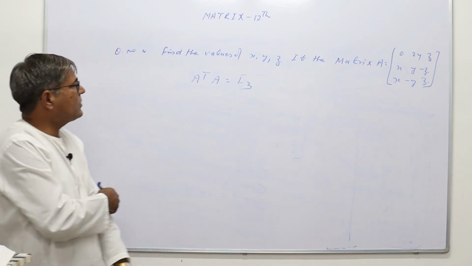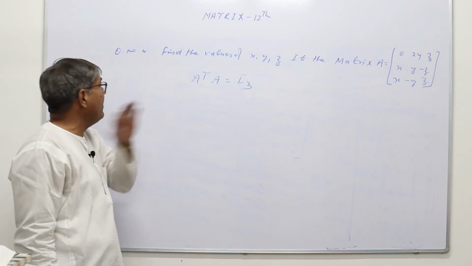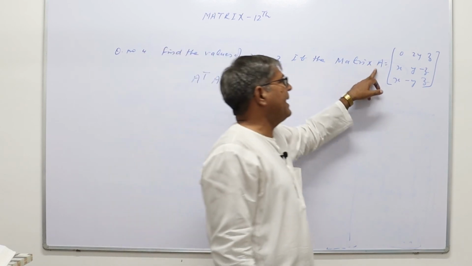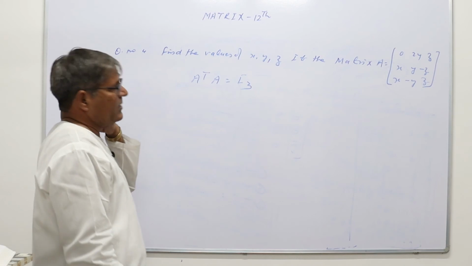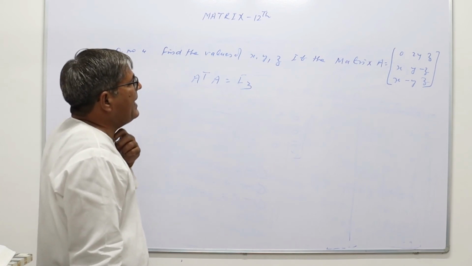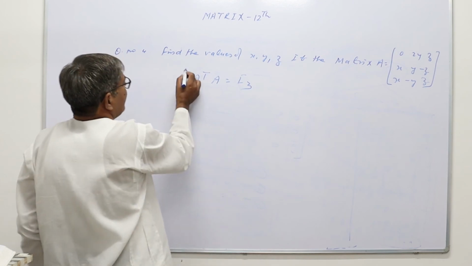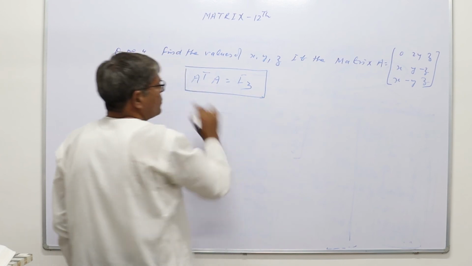So this is the next question what we have to do. Read the question carefully. Find the values of x, y, z if the given matrix A is equals to 0, 2y, z, x, y, minus z, x, minus y, z satisfy the given condition, that is A transpose into A equals to I3.